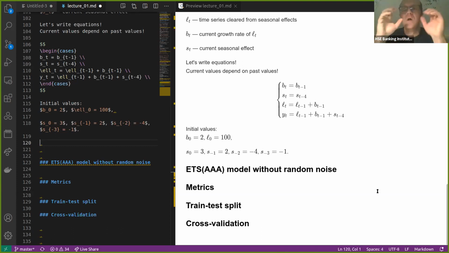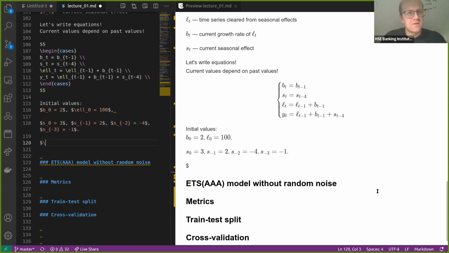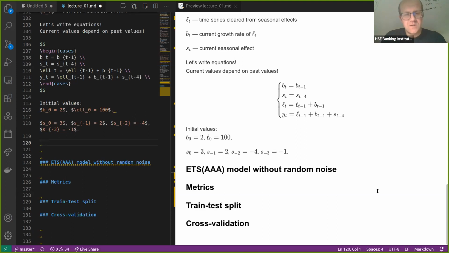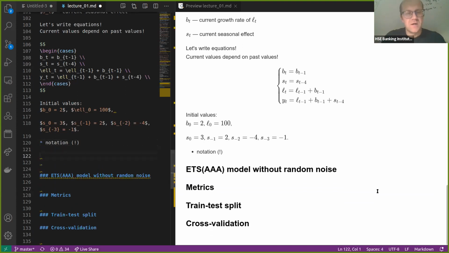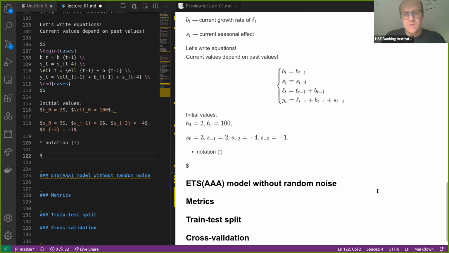It's customary to use delta. A small digression, a useful notation: delta LT is equal to LT minus LT minus 1.